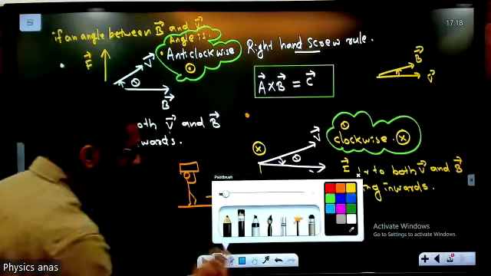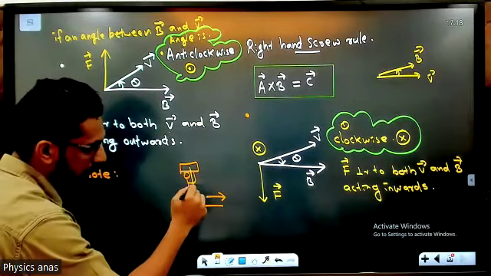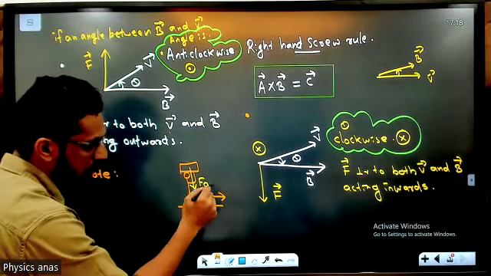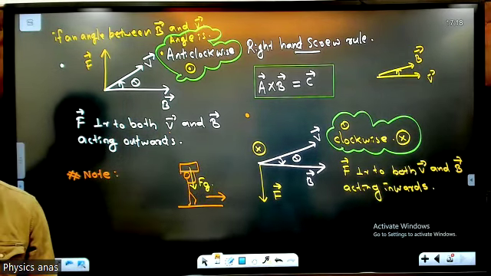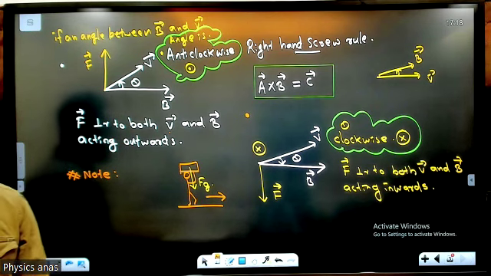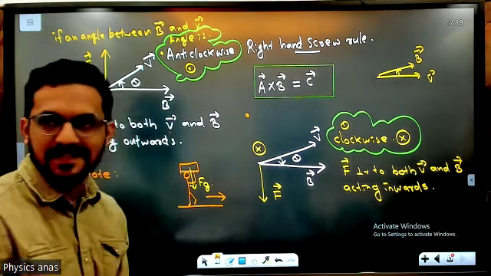There will be gravitational force acting on that weight. What is the work done by gravitational force in this case? Zero.